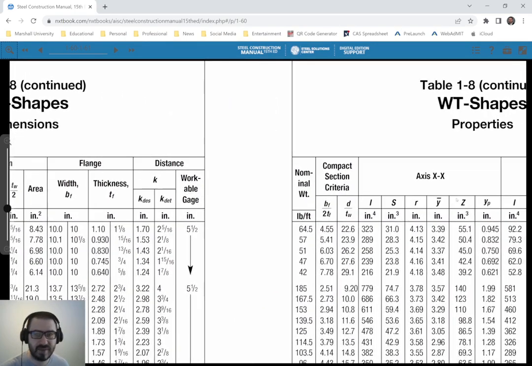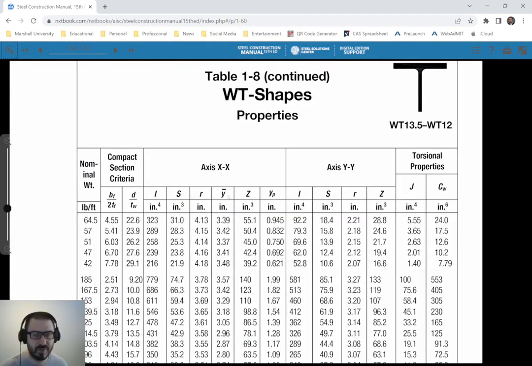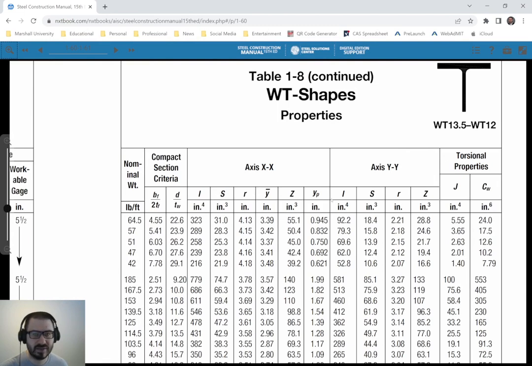Now I'm going to point something out. When you open your manual, you're going to see some instances where you see a y bar and then a y sub p. For now, never use the x sub p or the y sub p. Don't use it.